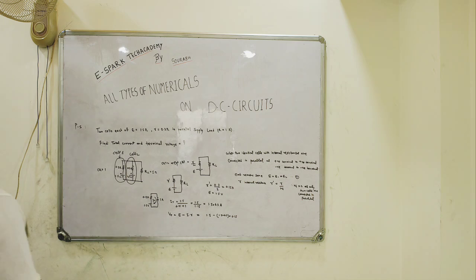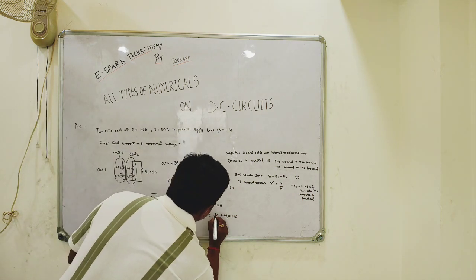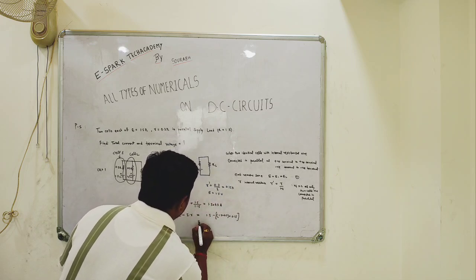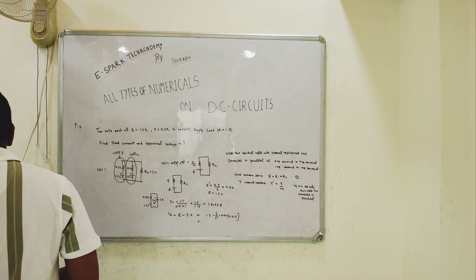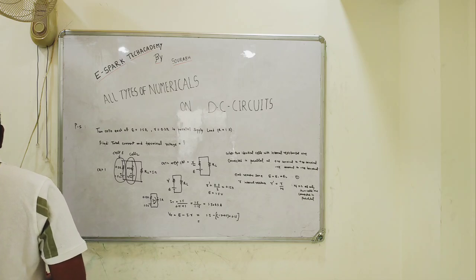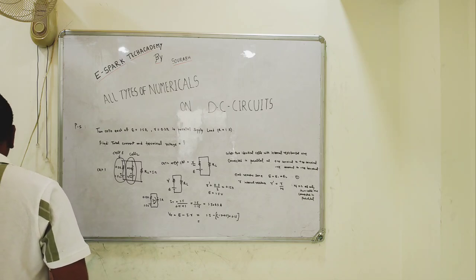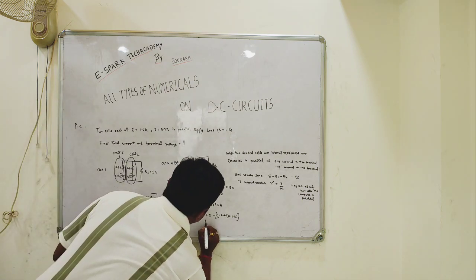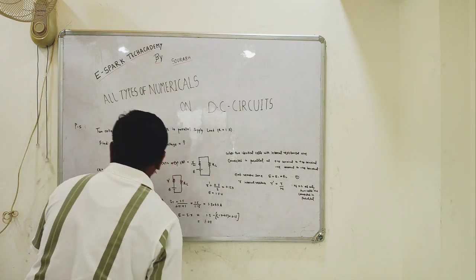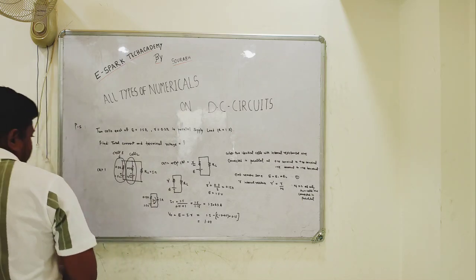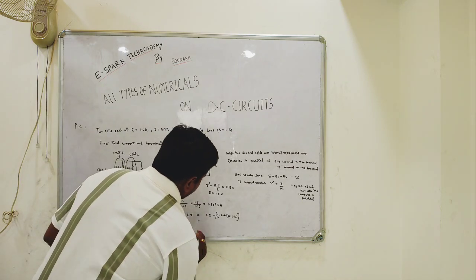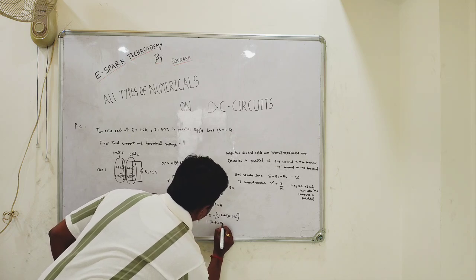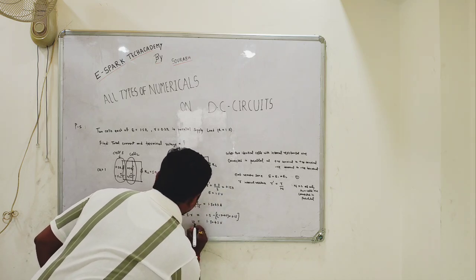Now we will be getting 1.5 minus 1.3043 into 0.15 as 1.3043 volts as terminal voltage.